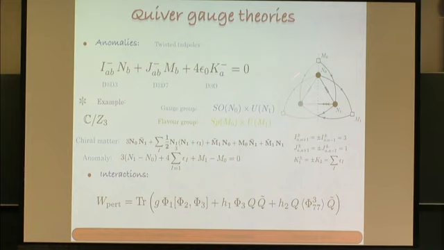Therefore, you have all trilinears. All these trilinear interactions are just the loops of length 3 in this diagram. For example, you have Phi 1 Phi 2 Phi 3, or you can have, for example, Q tilde Phi 3 Q, and so on. You can forget about this term. This is just if you want to consider also strings between D7 branes. We will not do that here.